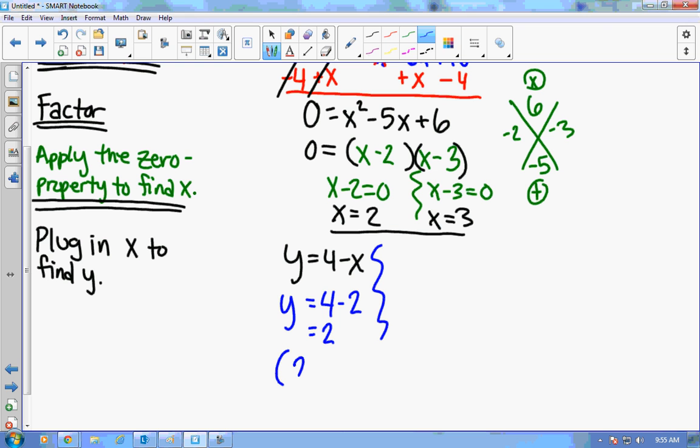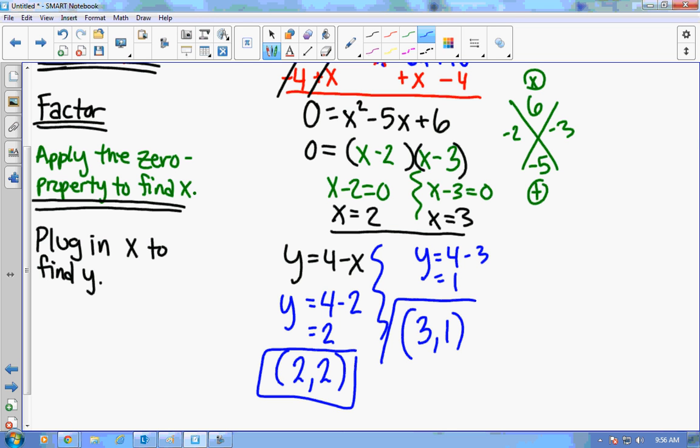So that point is (2, 2). We plugged in 2 and we got 2. And then last one, 4 minus 3 equals 1. So our point is (3, 1). We plugged in 3 and we got 1. Those are the solutions. Cool?